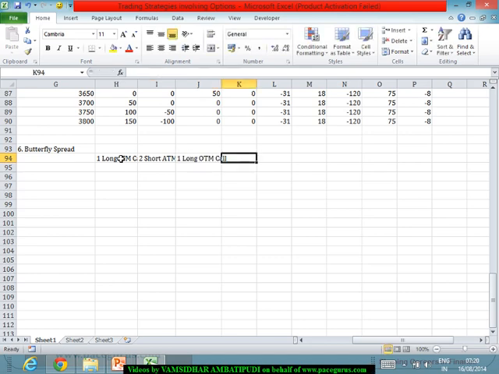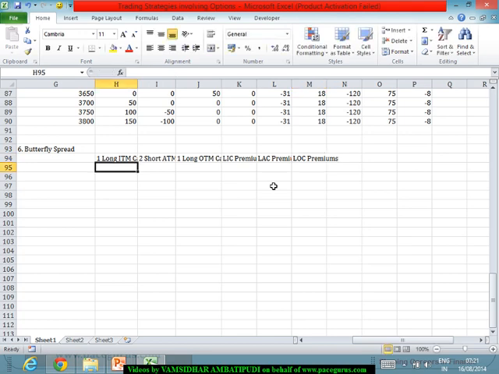These are the things. So long ITM call premium, short ATM call premiums, long OTM call premium. These are the numbers that are involved.